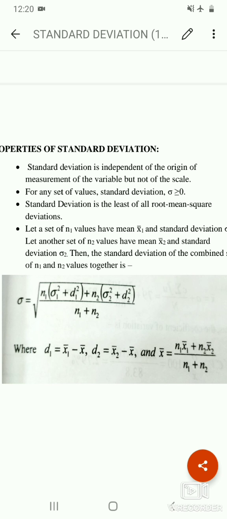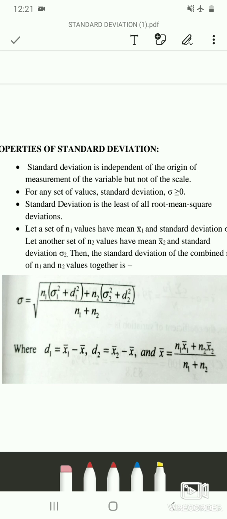Here n1 is the number of values in the first data and n2 is the number of values in the second data. So sigma 1 square is nothing but variance. So if they have given the standard deviation, then you have to take the square of it. And now here in the formula you can see there is d1 square and d2 square.